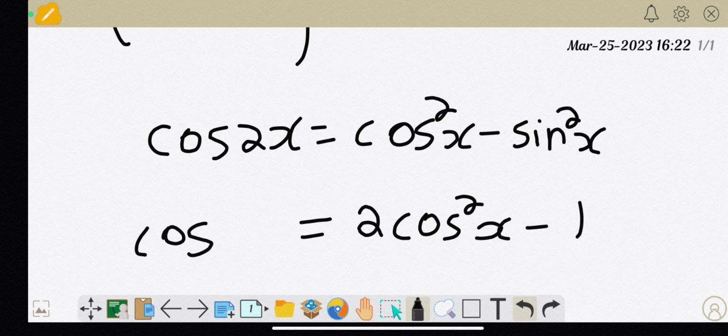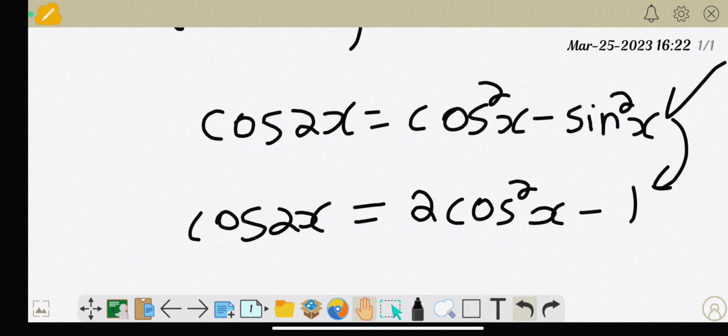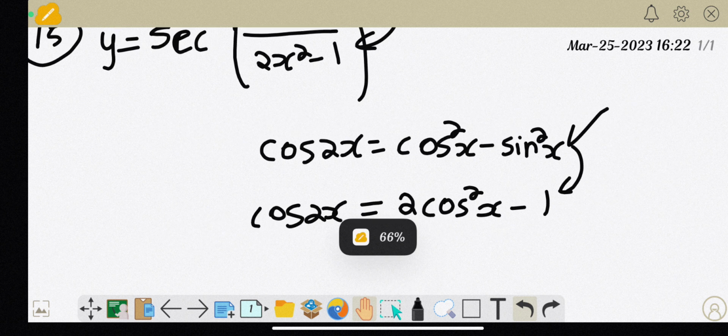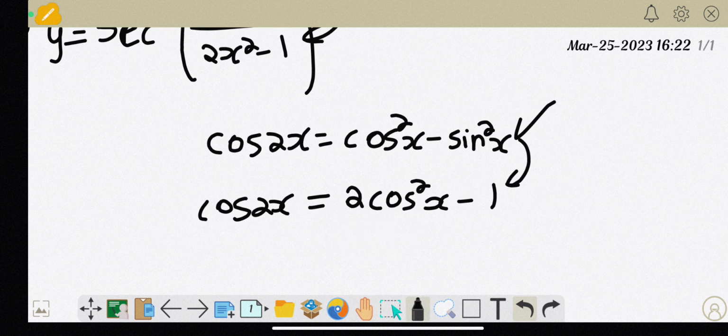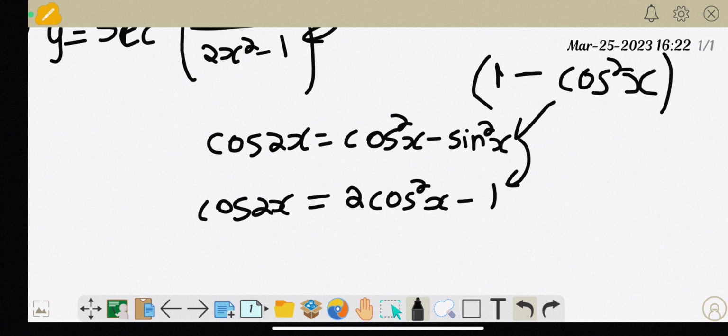This is a basic formula. Do you know how to convert this formula to this formula? Wherever sin square is there, you substitute 1 minus cos square x. If you substitute and solve it, you will get this identity. If you want, you can try it.